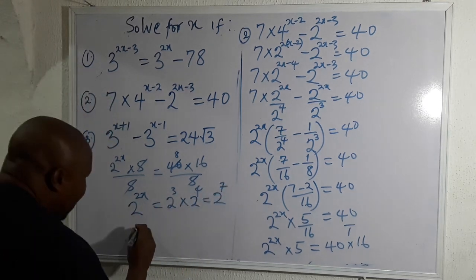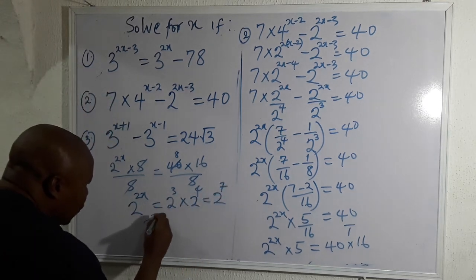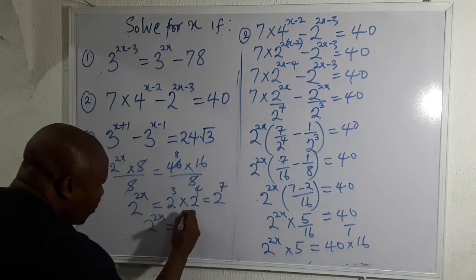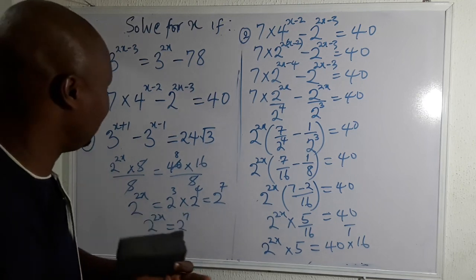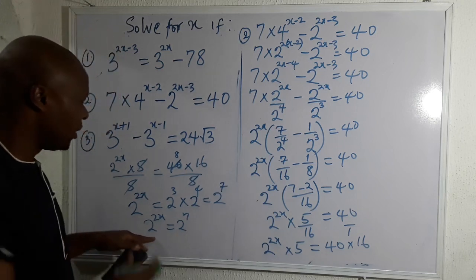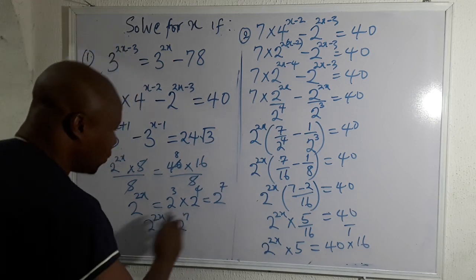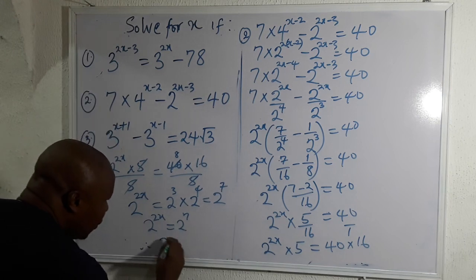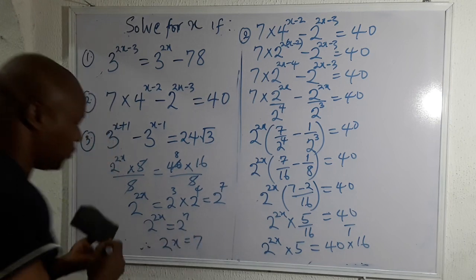So what we have here is 2 raised to the power 2x is equal to 2 raised to the power 7. Again, the bases have become the same, so all we need to do is to equate the powers. Equating the powers gives us 2x is equal to 7.